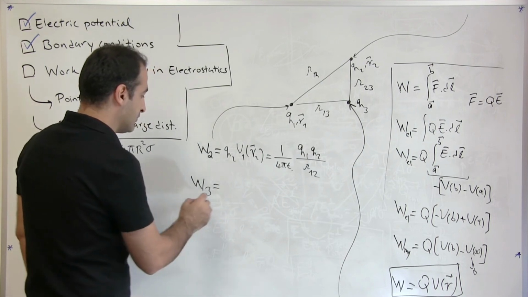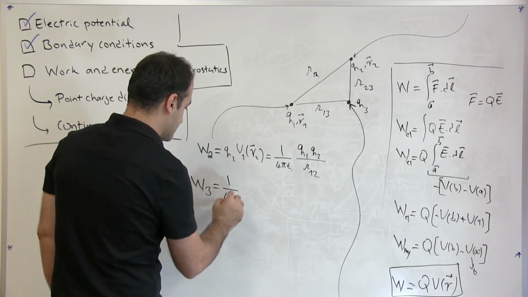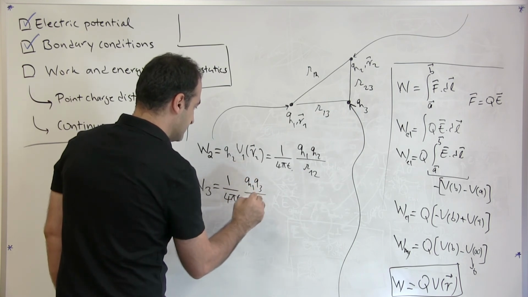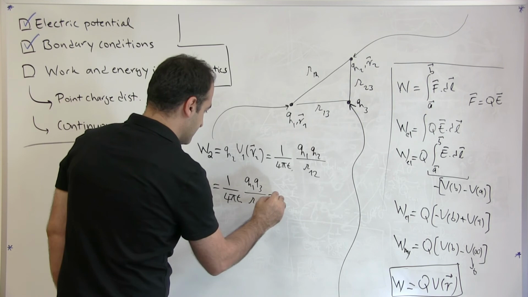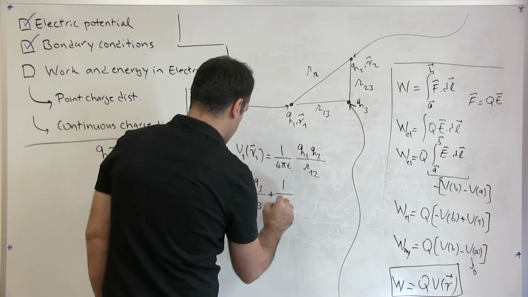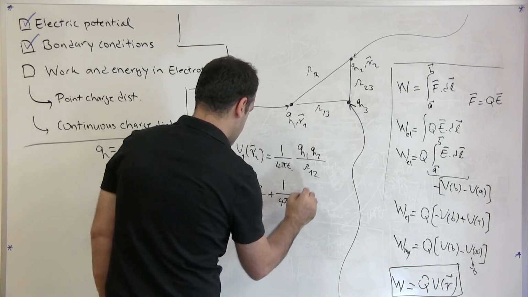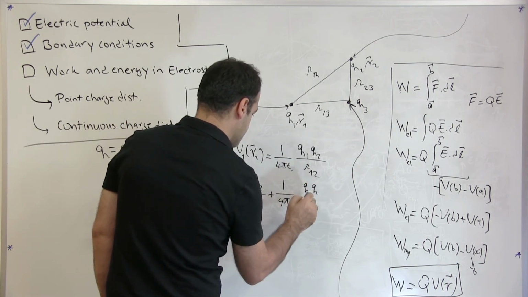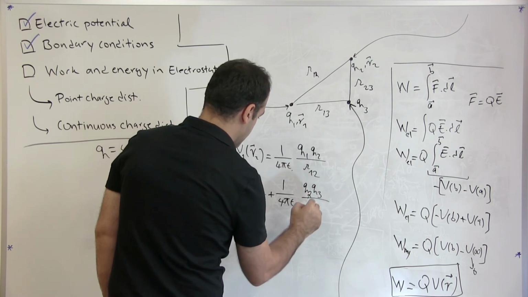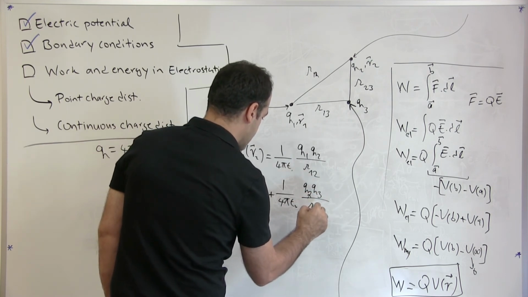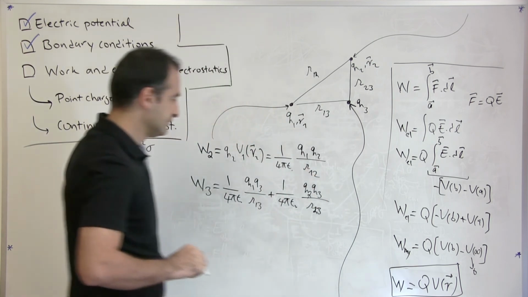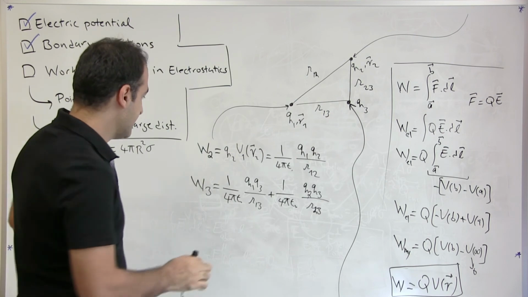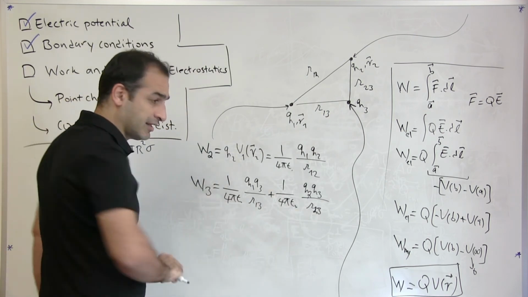The total work is going to be 1 over 4 pi epsilon 0 times Q1, Q3 over R13, plus 1 over 4 pi epsilon 0, Q2, Q3 over R23. Sounds good? So we have 2 terms when we bring number 3.